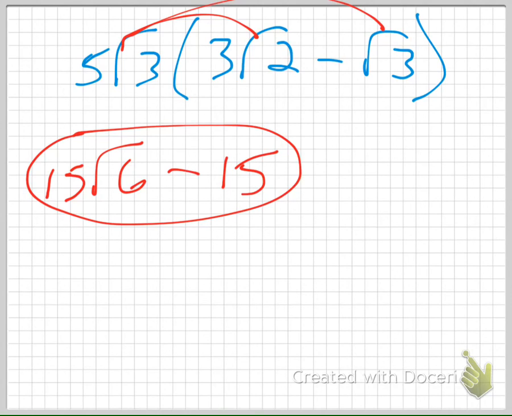Did anybody get that? Try this one then.